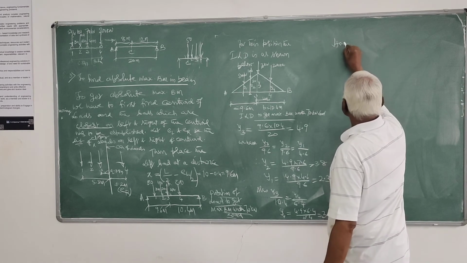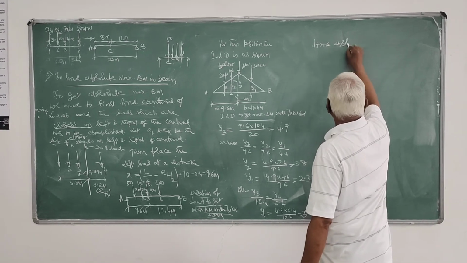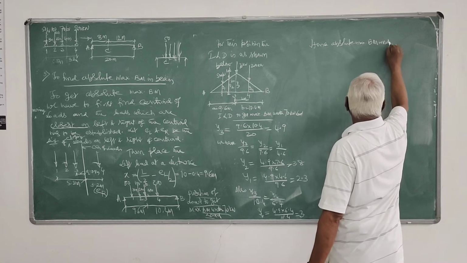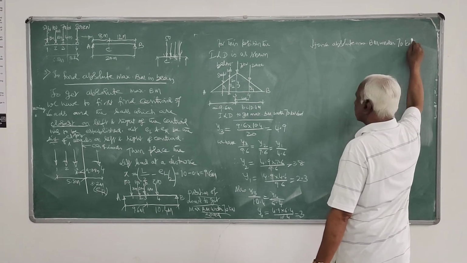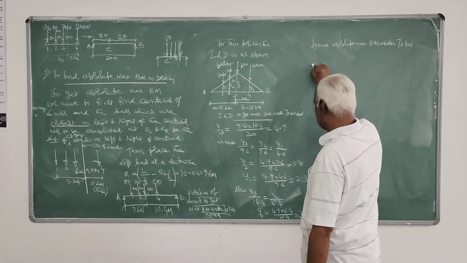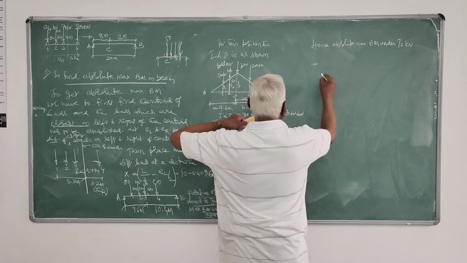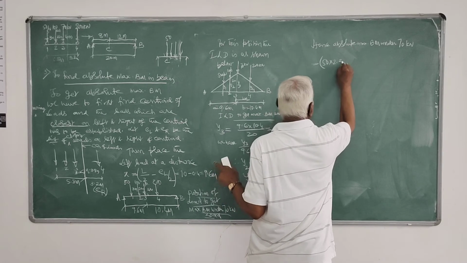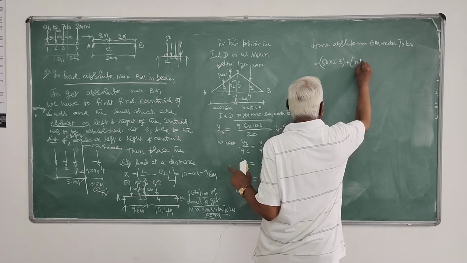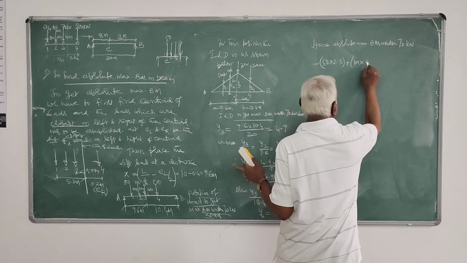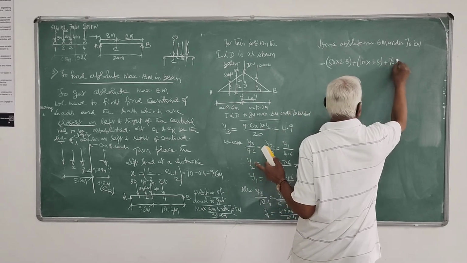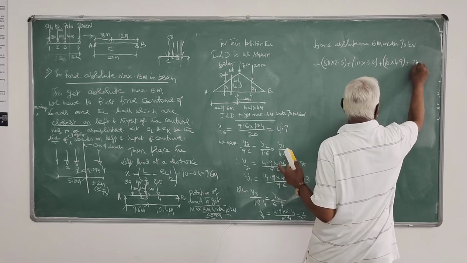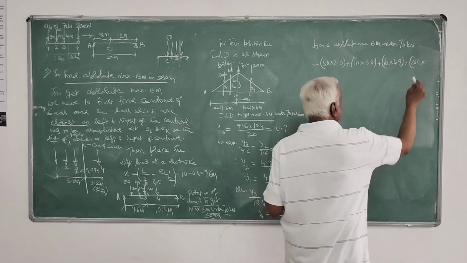Hence, the absolute maximum bending moment under the 70 kilonewton load is equal to, you can work out, 50 into Y1, which is 2.3, plus 100 into Y2, 3.8, plus 70 into Y3, which is 4.9, then 200 into Y4, that is 3.